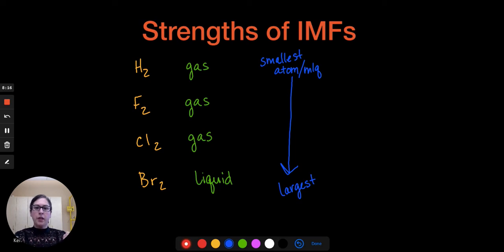Okay, which means Br2 has more electrons that become more polarized. Okay, so greater polarizability.